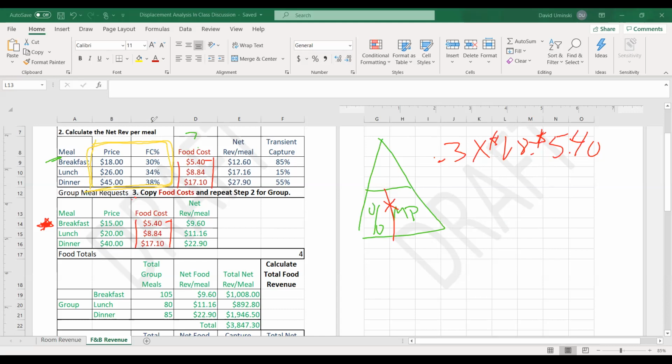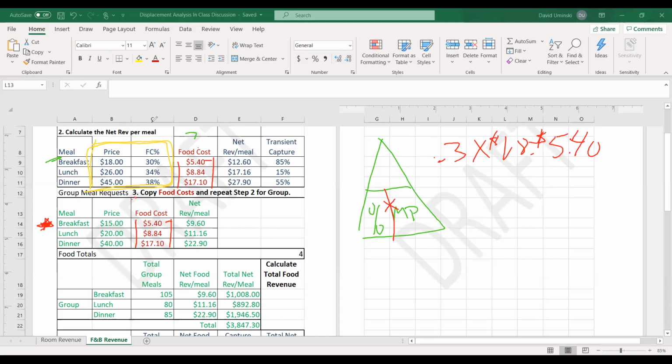But I know how you said if it goes to the $15, is that because we're just giving them like a $3 discount, rather than it actually being the set cost? Exactly. So think about it this way. For the menu price, $18 is what we as guests would pay if we went to the restaurant for breakfast.